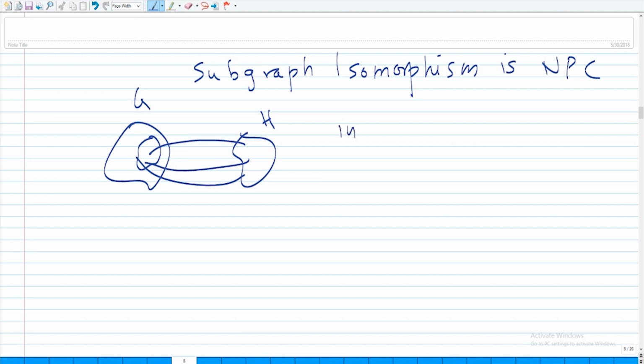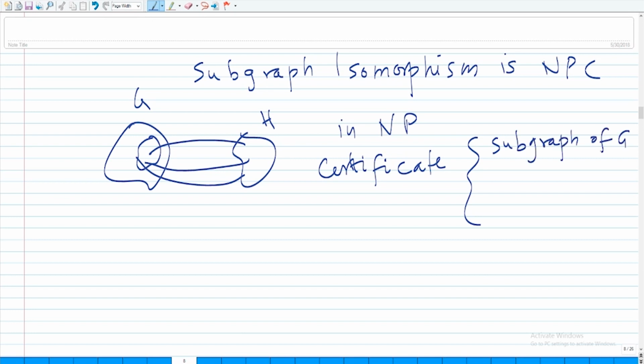So, in NP, the certificate would be a subgraph of G and the bijection, the isomorphism between H and the subgraph.